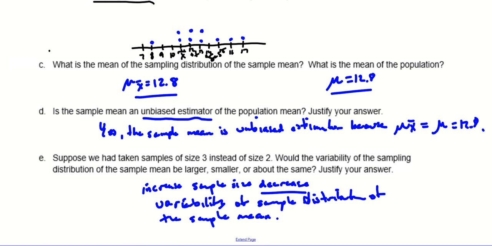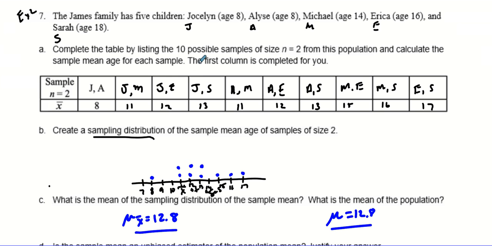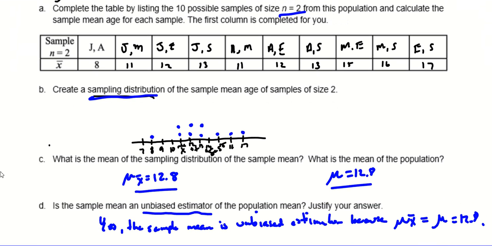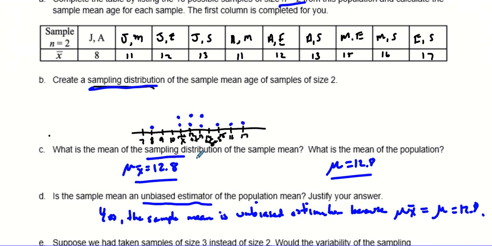And so right here, what we've gone through is how to create a sampling distribution by taking all of the possible combinations of our certain samples of these different ages. And as we do this, we notice that the mean of the sampling distribution is actually equal to the population mean.